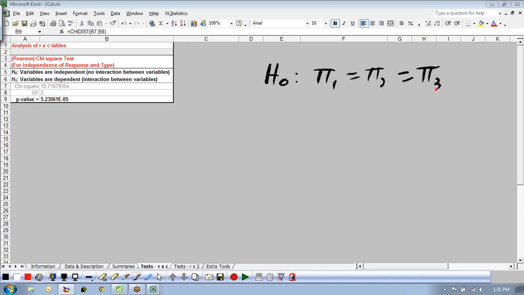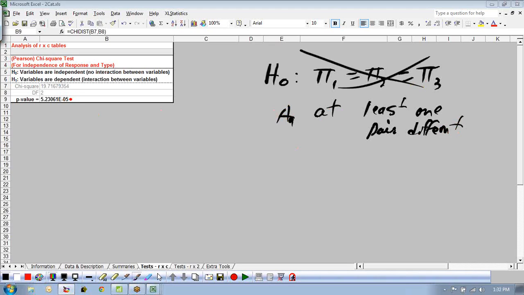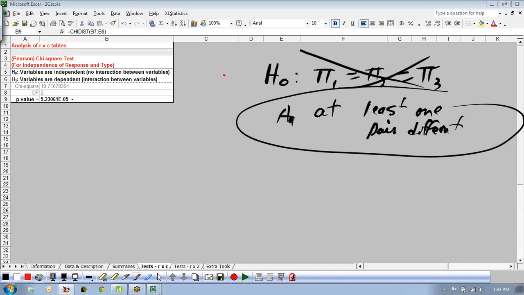The proportions are the same for neutral and for disagree and for agree, versus at least one pair is different. They're all same for city and rural. Okay, that's my alternative, and this just tells me that I reject that null. They're not all equal. At least one of these pairs is different.